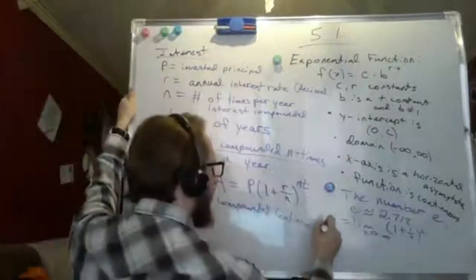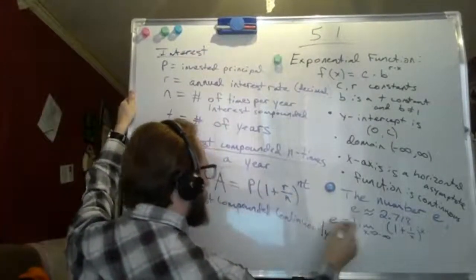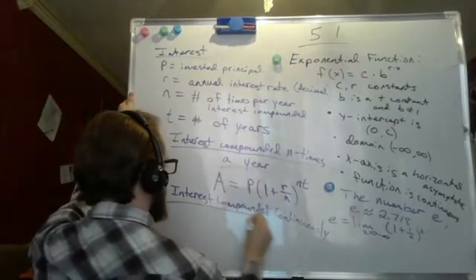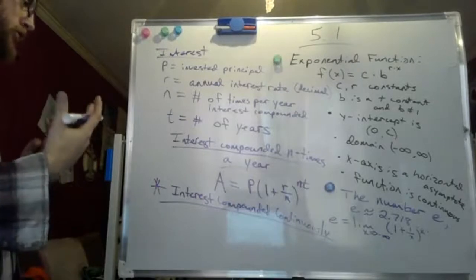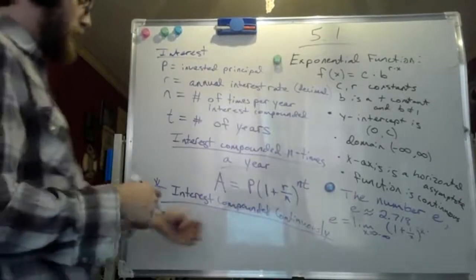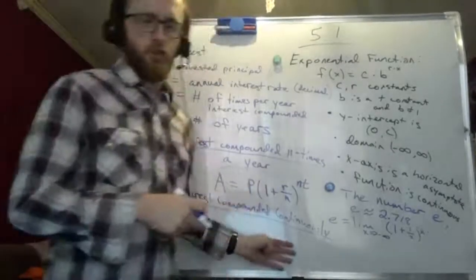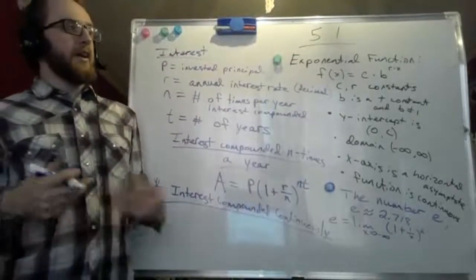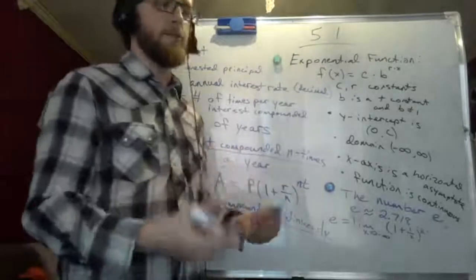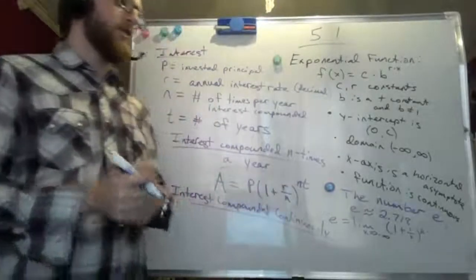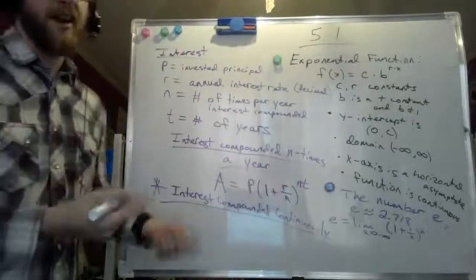So instead of doing it n times a year, they are continually adding interest to your bank account. This isn't something that banks often do. It is something that can sometimes happen for special cases or some kind of special accounts. So it's not super common, but it is something that can happen.